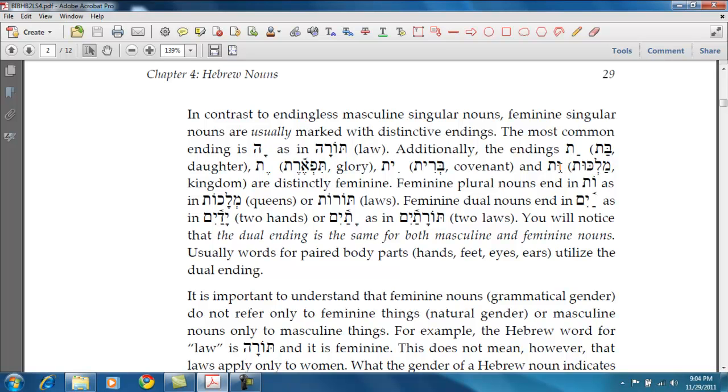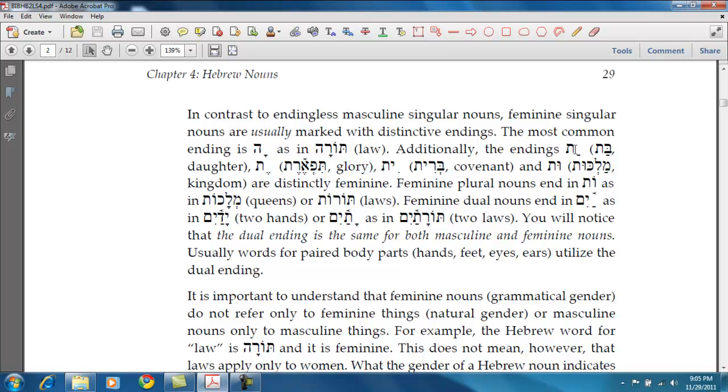So we have ut, we have eat, we have et, we have at. And whenever you see a tav at the end of the word, usually that's a pretty good indicator that that is a feminine noun right there.